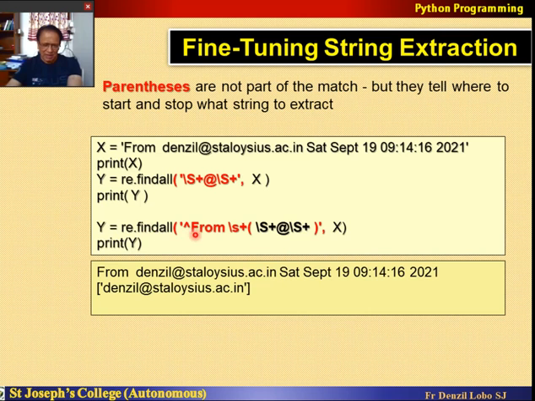Now I'm going to change it. As you see here, I'm saying starting from, even white spaces are there. And then starting, now I'm going to extract only this information: the at symbol, before that non-white space characters. So it is going to extract only that which is within this parenthesis. As you see, it is going to print only the email address.